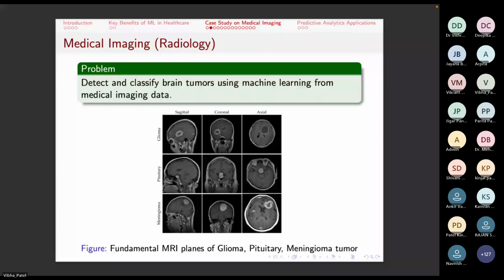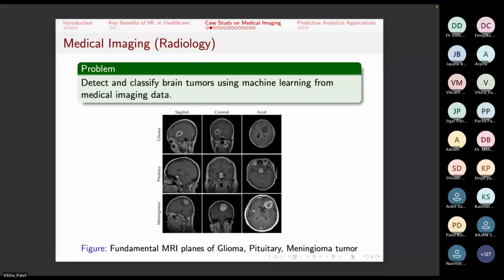Coronal is front to back. If you take a slice from front to back, then it is a coronal view. An axial view is from top to bottom. If we take a slice in the middle of your face, from top to bottom, then you may get an axial view.